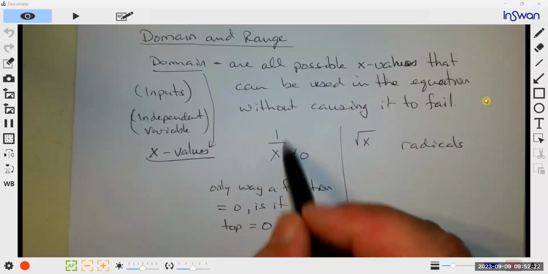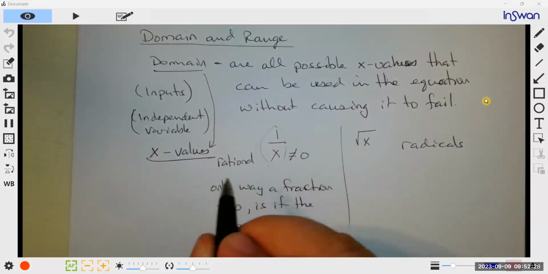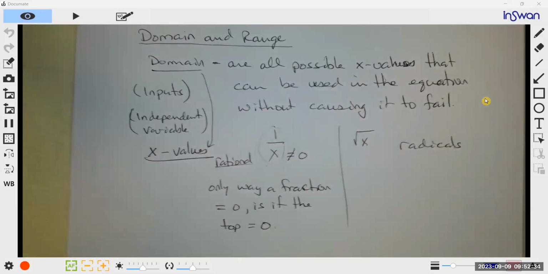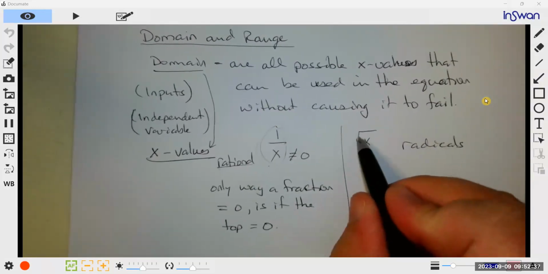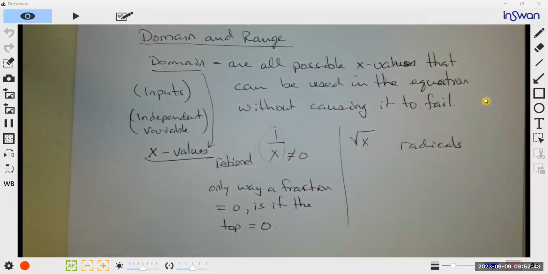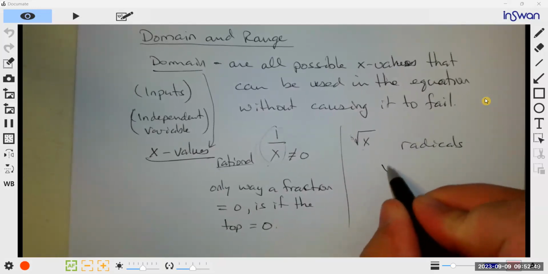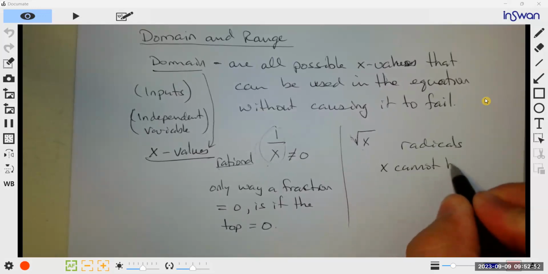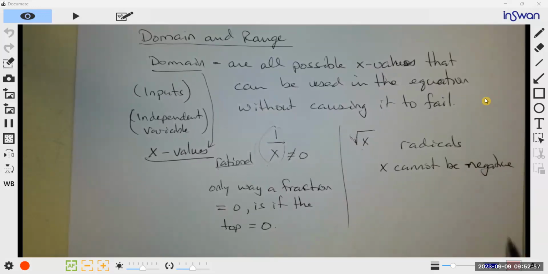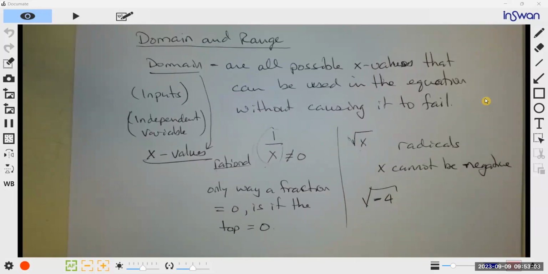These kinds are called rational equations because they become a ratio. Radicals are these square roots or nth roots. It could be a third root, a fifth root, a fourth root. You can't have x be negative, because you cannot take a square root of a negative number. So those are my domains.